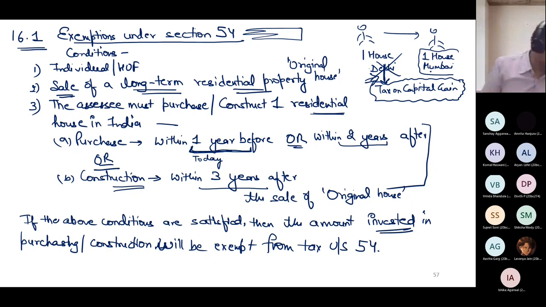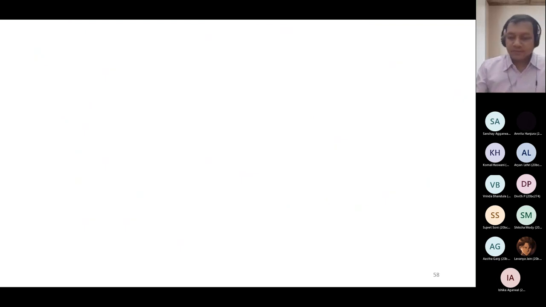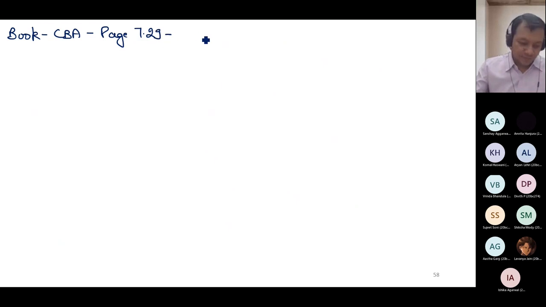Let me give you a small illustration and you will yourself tell me the answer. Let me discuss from my book an illustration given on page 7.29, Illustration A. Just think logically.